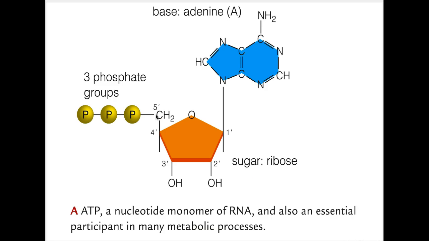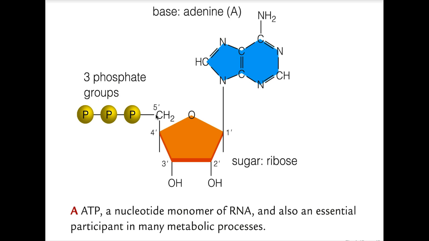So again, a recap. Here we have a nucleotide. We see the 5-carbon ribose sugar, the one with the little apostrophe, that's called a prime. That's a numbering system for the carbons. So we can see there are 5 of those in the sugar ribose. We can see attached to the first carbon there is a nitrogenous base that's made up of 2 nitrogen rings.